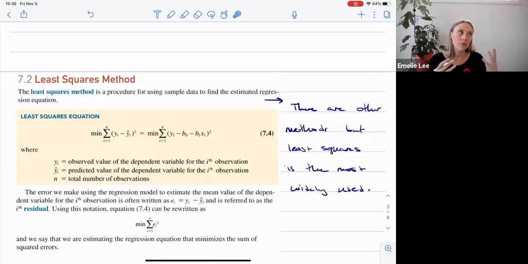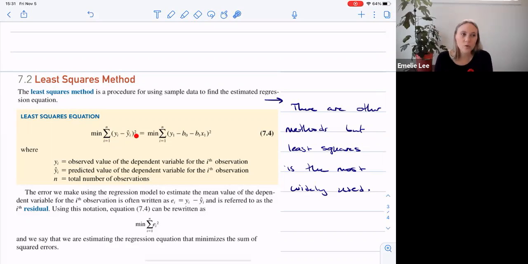Now, what gets kind of confusing and mind-boggling even for me is that I need to have a line to find the line, because the predicted line is the line that I've drawn, right? So the way we find these is a little bit tricky, and so we let software do it. The idea is we need to find the line that minimizes the distance from each of the points squared.